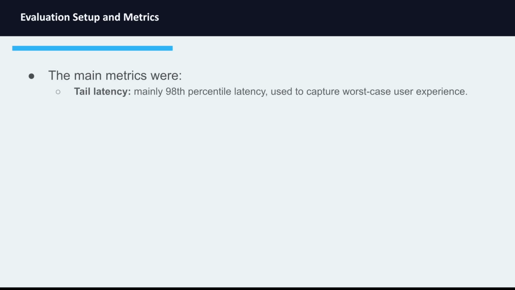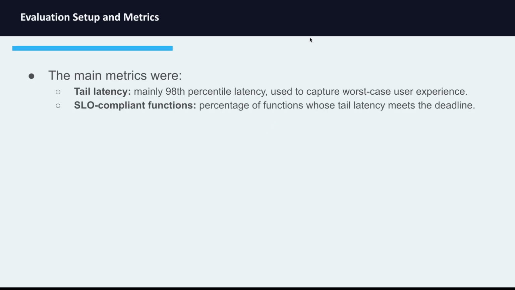So the main metrics they looked at were tail latency, mainly the 98th percentile latency, used to capture worst-case user experience, and SLO compliant functions, which are the percentage of functions whose tail latency meets the deadline, and GPU load, which is the fraction of the time the GPU is actively processing inference requests.